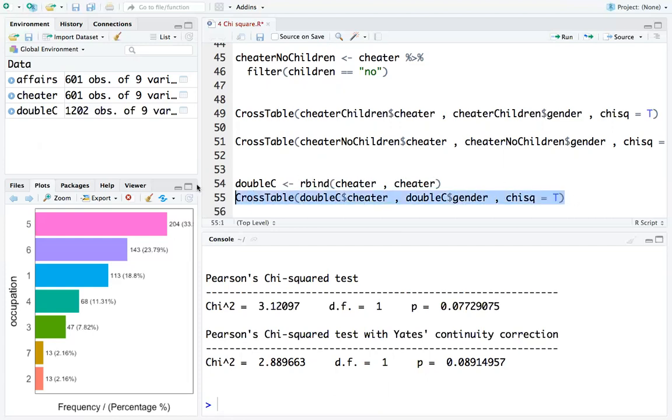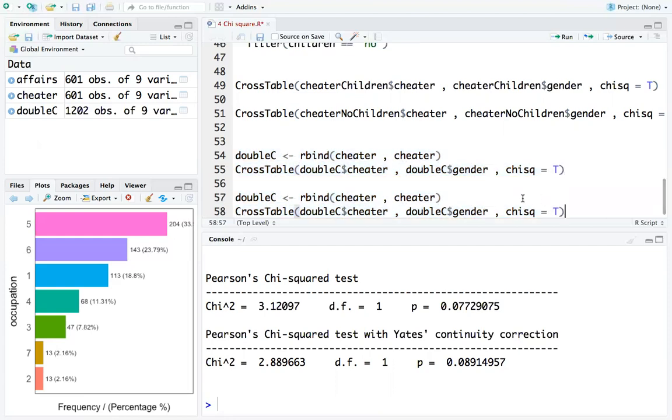if I do triple C, so let's call this triple C, so I'm tripling the data now.